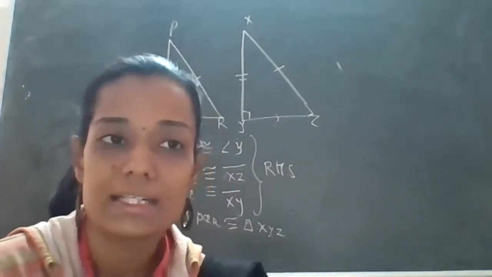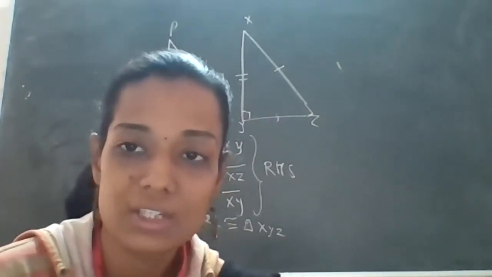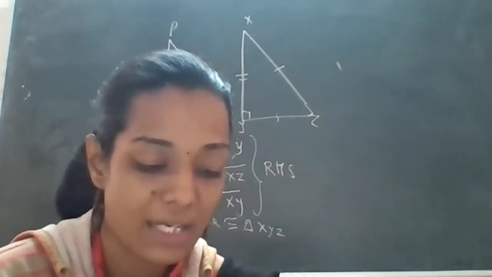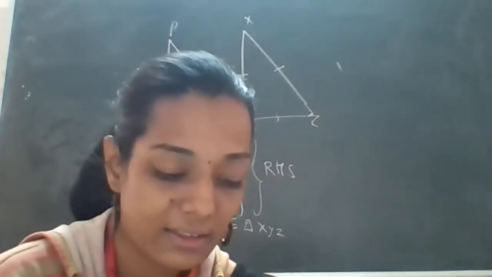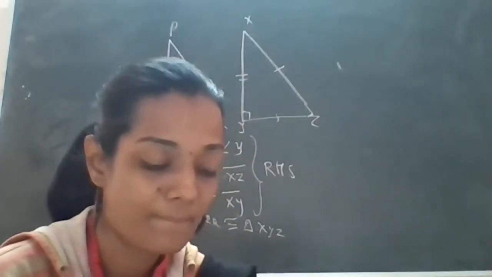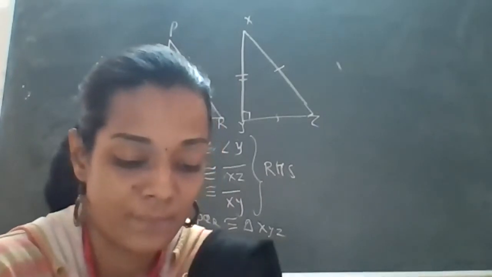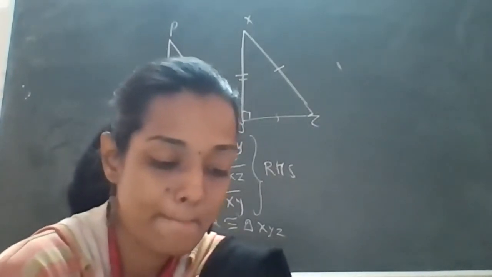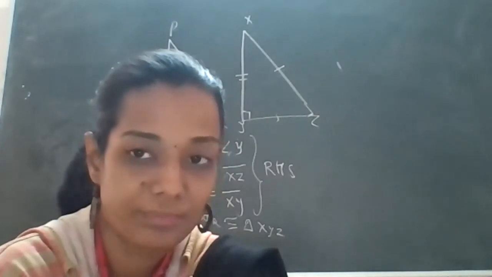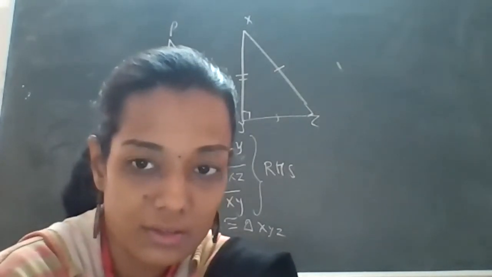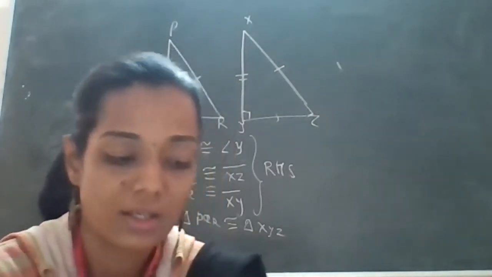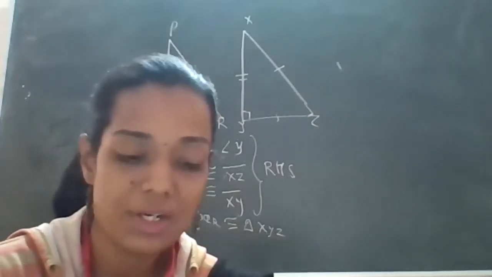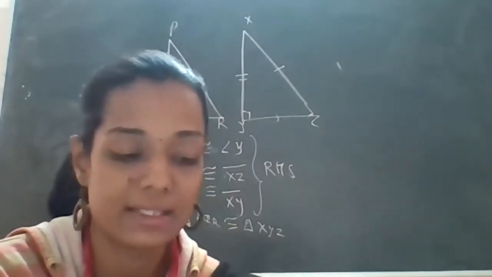Very good. Now next is scalene triangle. A triangle which has all sides unequal. All the sides are unequal or different, and it is called a scalene triangle.